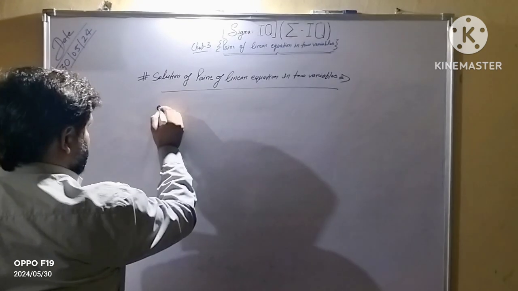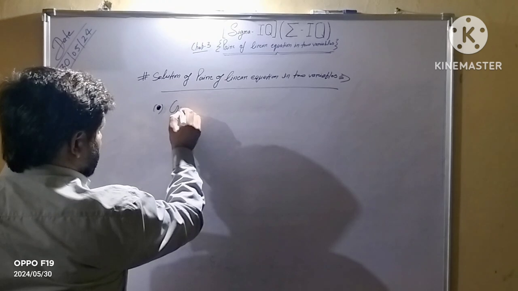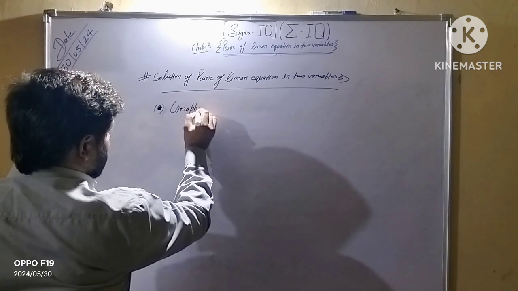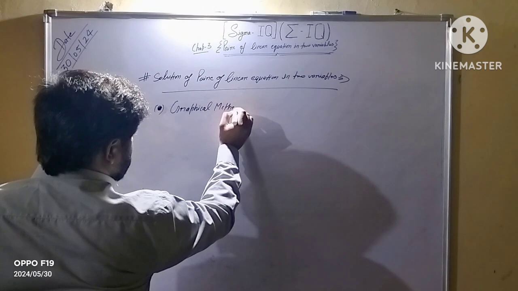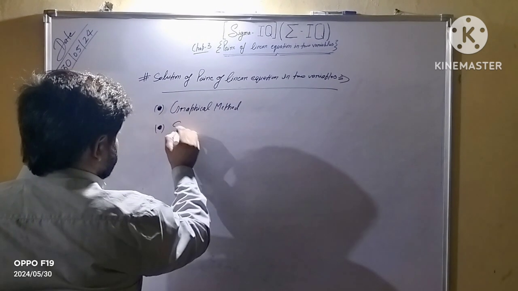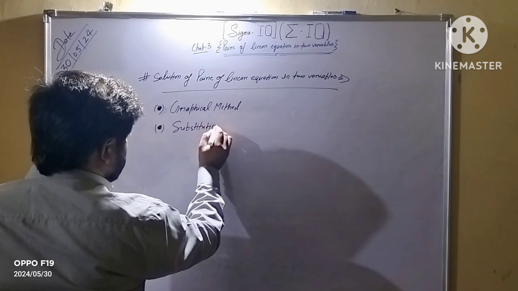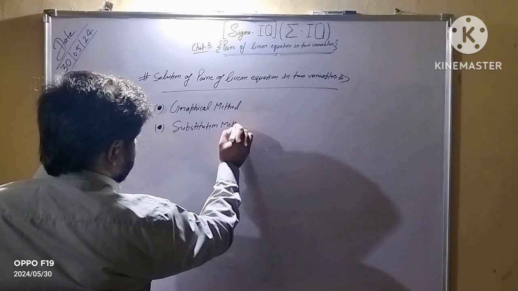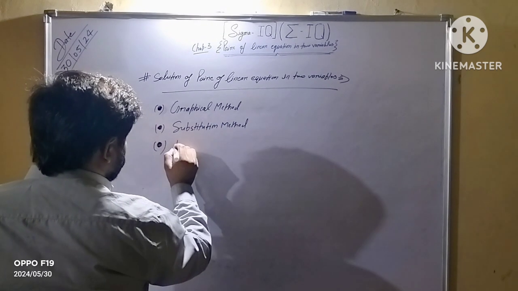In this chapter, we will discuss three methods. First is graphical method. Second is substitution method. Third is elimination method.